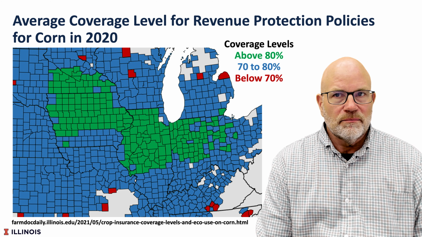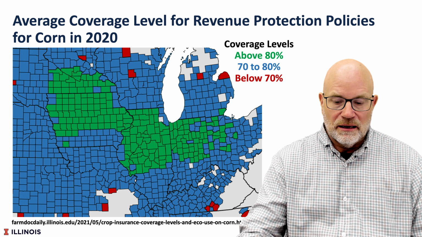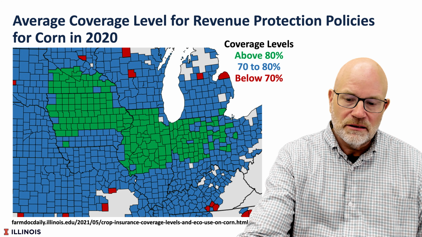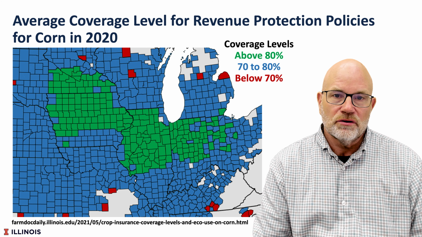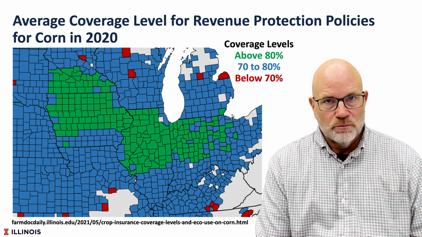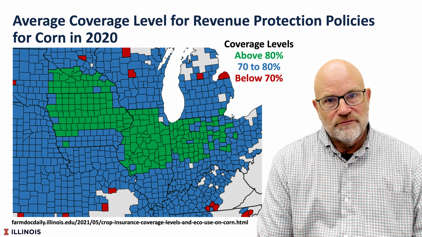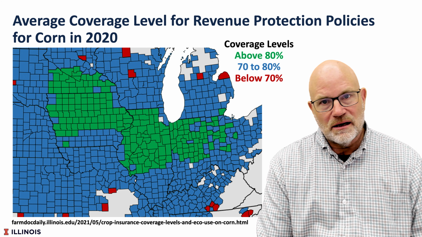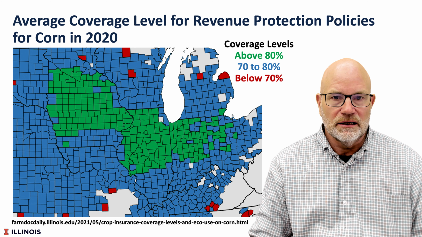Southern Illinois farmers typically pick between 70 and 80%, and a lot of the reason for that is because the premiums go up when you get outside of northern and central Illinois. Southern Illinois typically has more risk than northern Illinois, and they have higher premiums, and farmers in the past have sort of cut their premiums into the $15 to $20 per acre range.